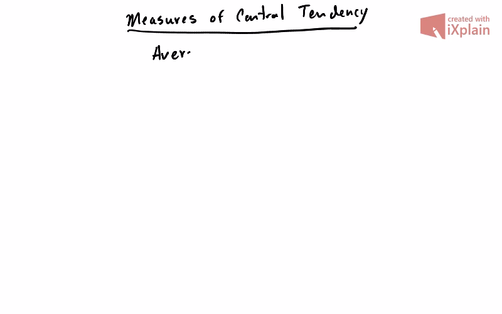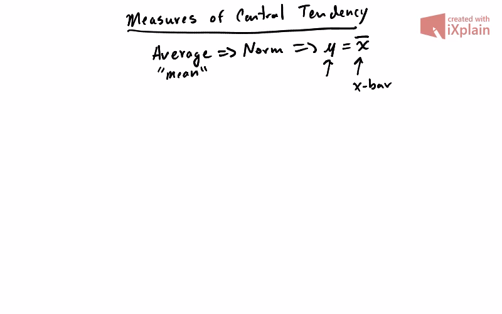An average is just the norm, and it is often referred to by this symbol, the Greek letter mu, or as x bar. Another word for average is the mean.